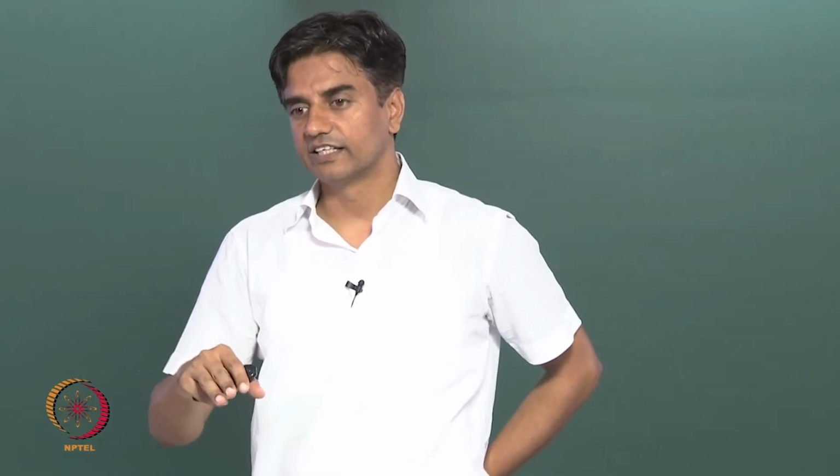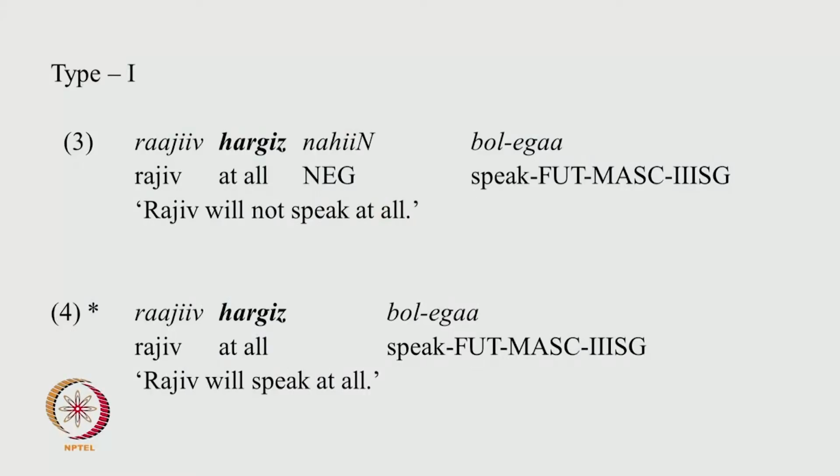Get the point? Now, to elaborate this point a little bit more, I didn't mean to bring it in at this stage. I was going to discuss this a little later, but since you are bringing it in, let me talk about this. Do you see I have mentioned on the top type 1 and type 2?